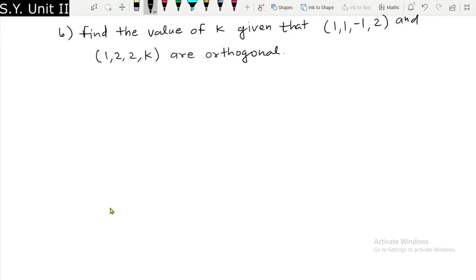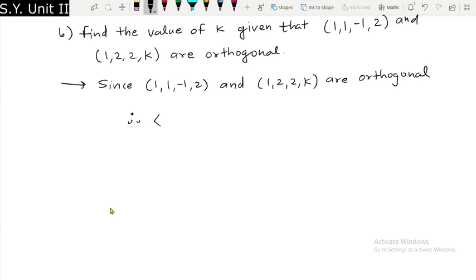Okay, so since these two vectors (1, 1, -1, 2) and (1, 2, 2, k) are orthogonal, their inner product will be 0.